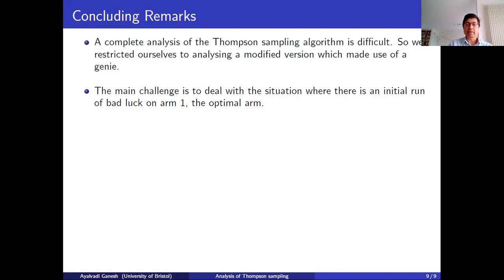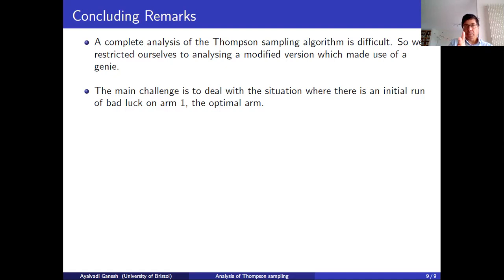Very little regret is incurred. If it's played many times, then because it's played many times, we learn more and more about the true parameter of this arm. And since it's suboptimal, once we've learned it well enough, we are not going to play it.